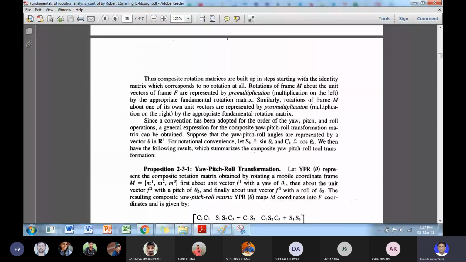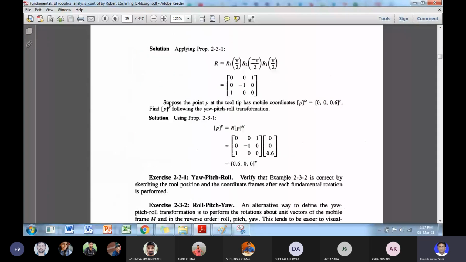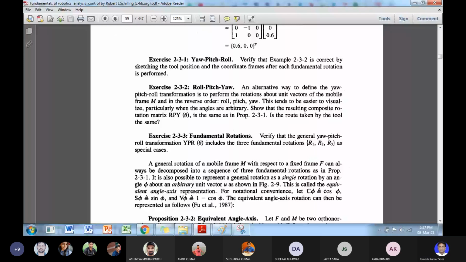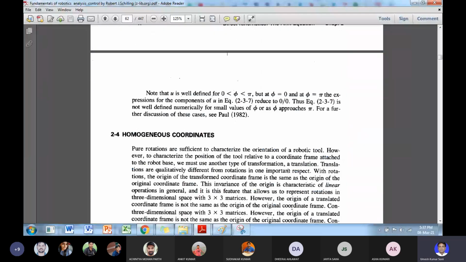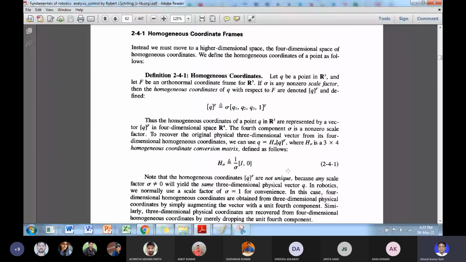We add 1 at last for the complete transformation. Okay, and the first elements are px, py, and pz.